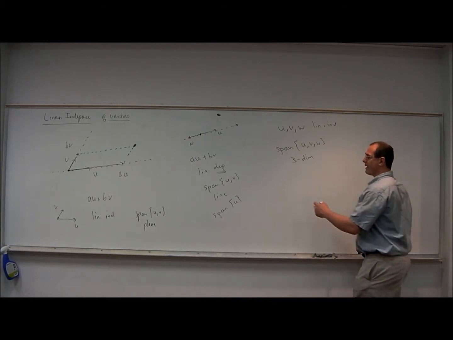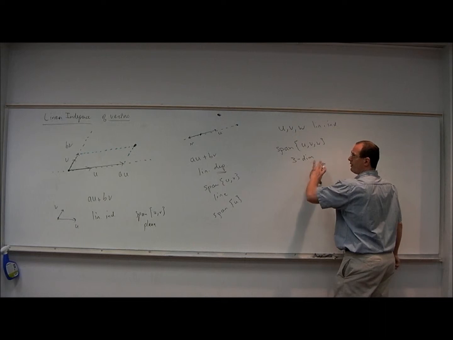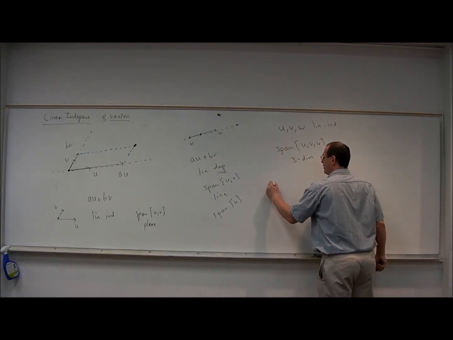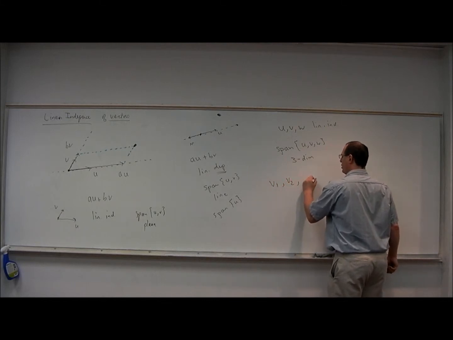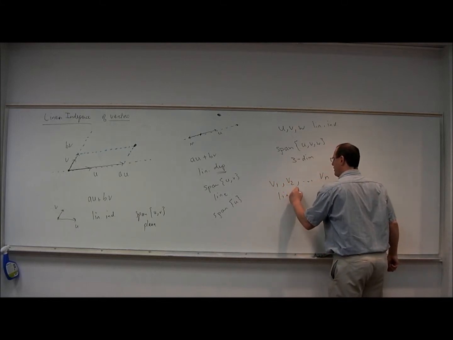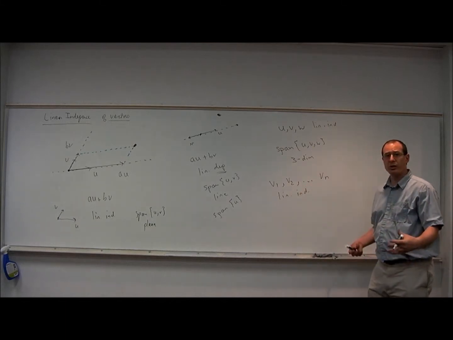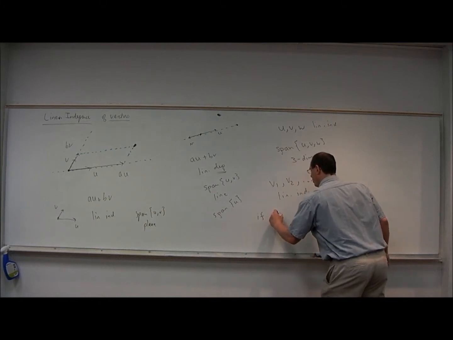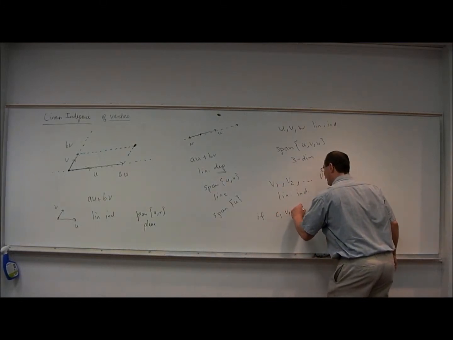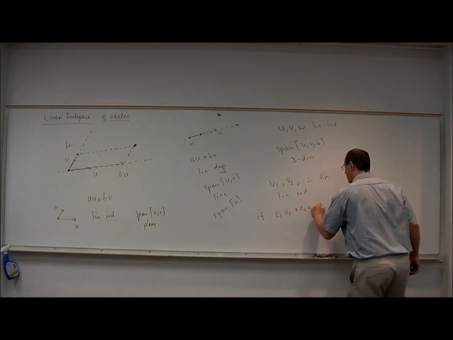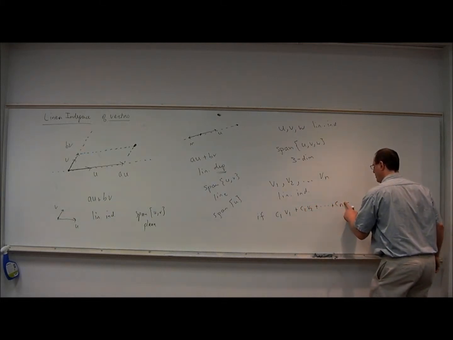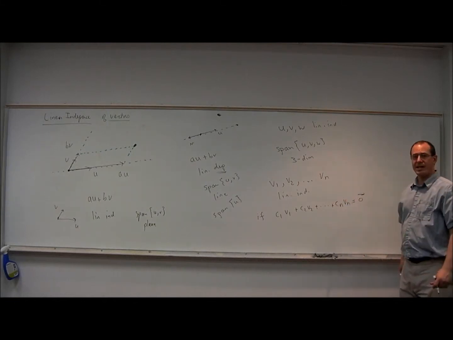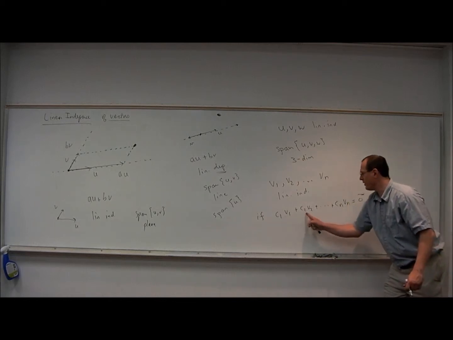Now, technically, the mathematical definition kind of obfuscates this main idea. It is that n vectors, v1, v2, up to vn, are called linearly independent if the only way to combine them and make the zero vector, so if you combine them, c1 v1, a linear combination, c2 v2, up to cn vn, and you get the zero vector, the only way for that to happen is if all of the coefficients are zero.